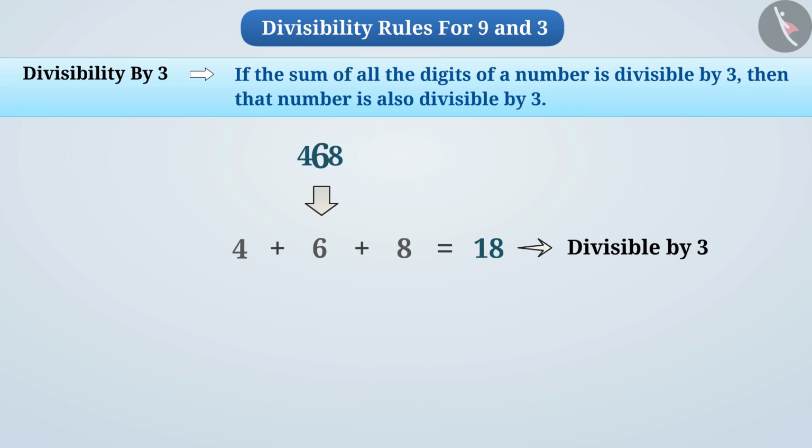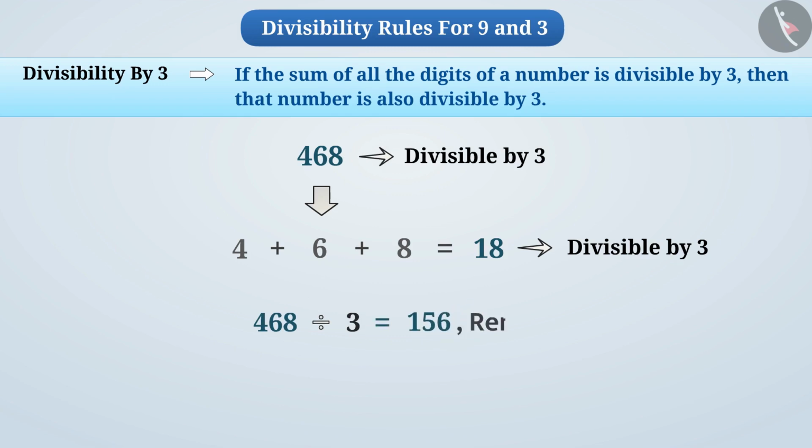So, 468 is also divisible by 3. To verify this, we divide 468 by 3. We find that by division, we get quotient 156 and remainder 0. Since the remainder is 0, we can say that 468 is divisible by 3.